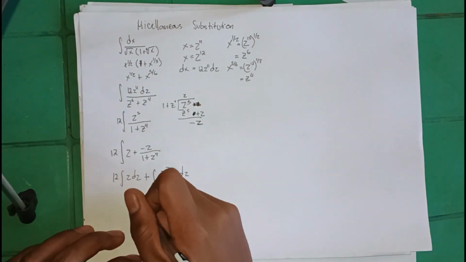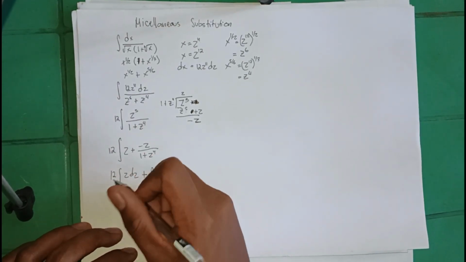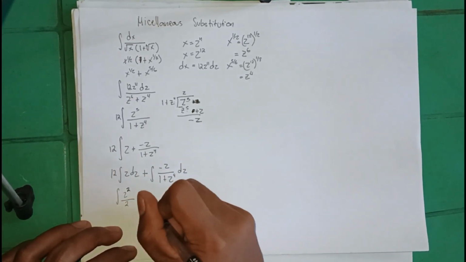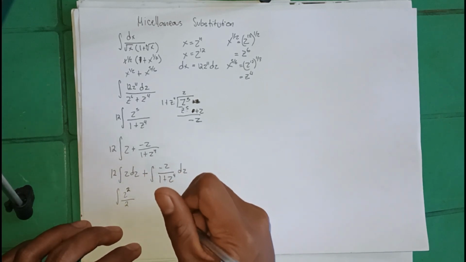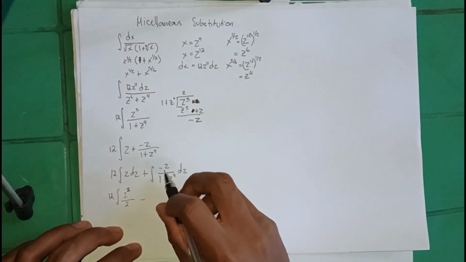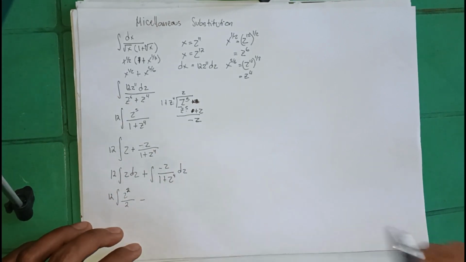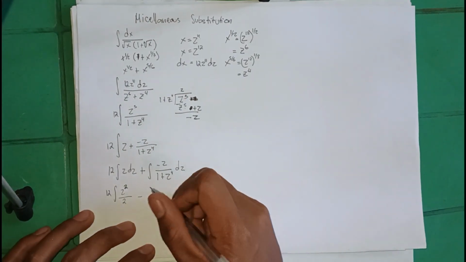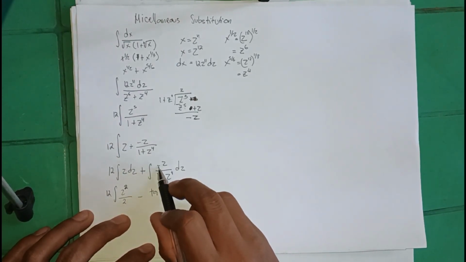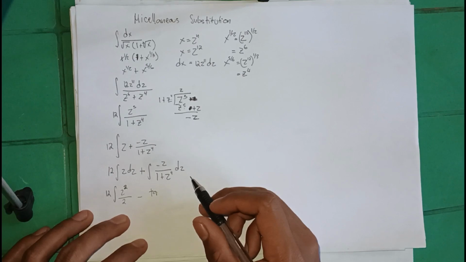So the antiderivative of z is simply z squared over 2 using the power rule, minus the antiderivative of z over 1 plus z to the 4, which using the trigonometric identities we can say is arctangent of z squared, and also we distribute this negative sign, negative times positive is equal to negative.